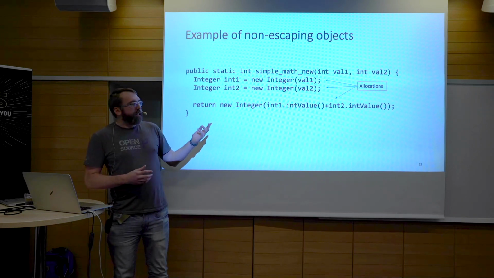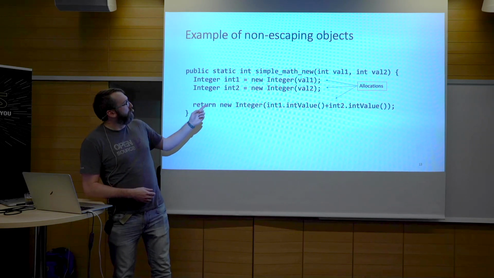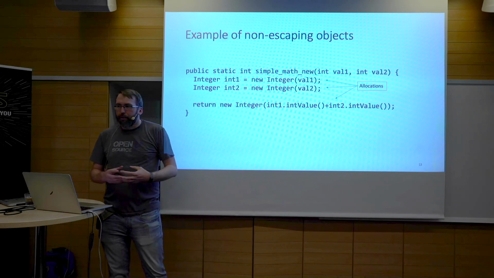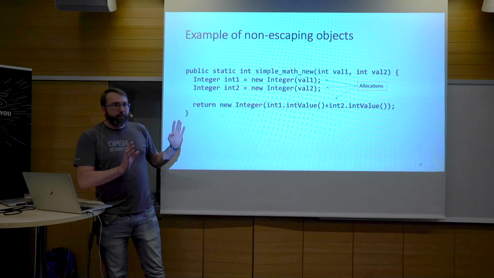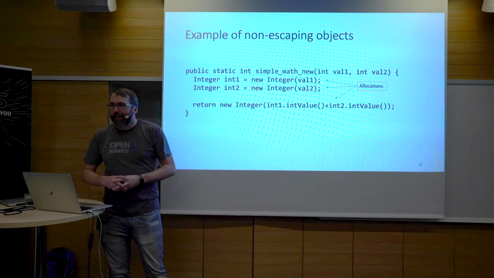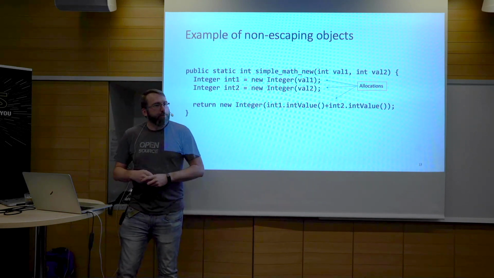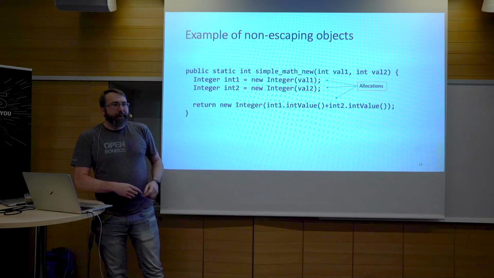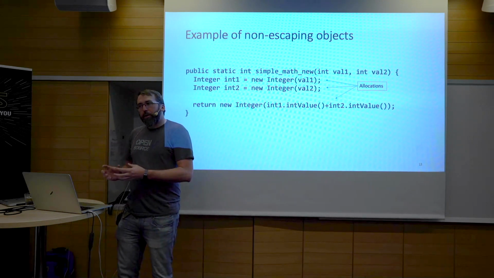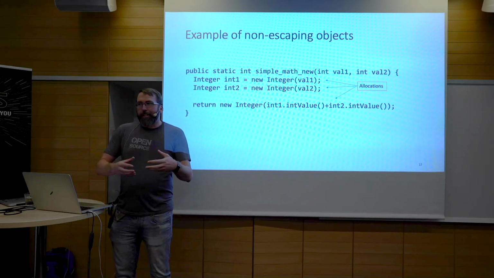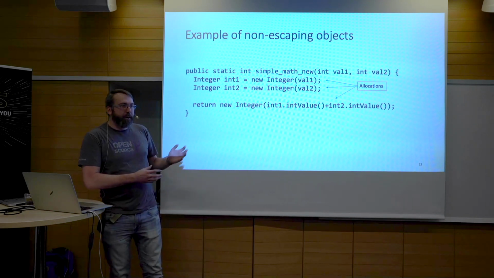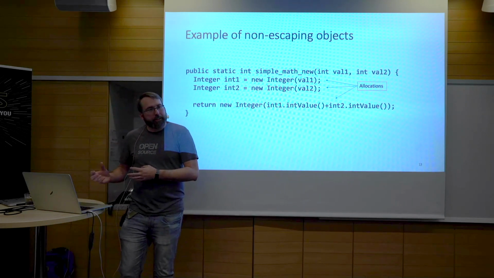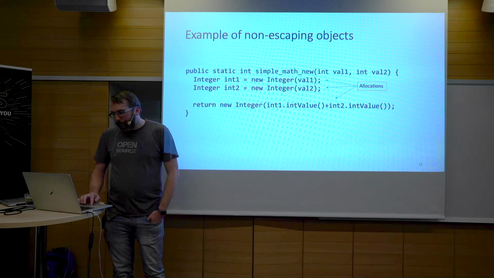If we look, the method's actually returning an int, which is a primitive. So in fact, none of these are doing anything other than boxing, and they don't escape. This is to prove a point. I hope no one writes this code. But in a workload like Scala, this ends up being kind of what some of the code looks like to do an operation like this. So that's why it's my example.